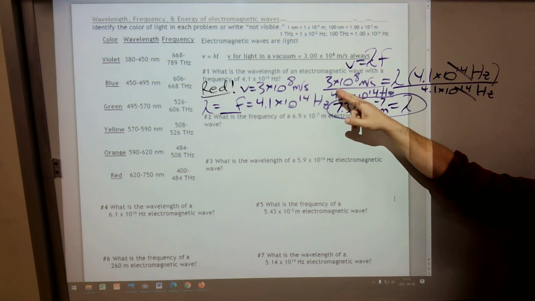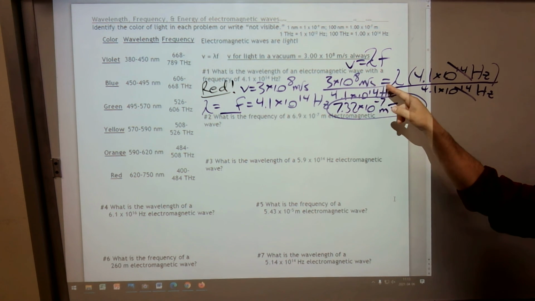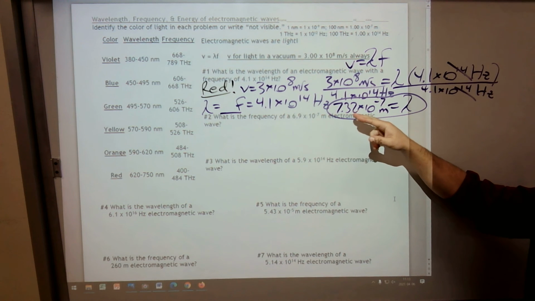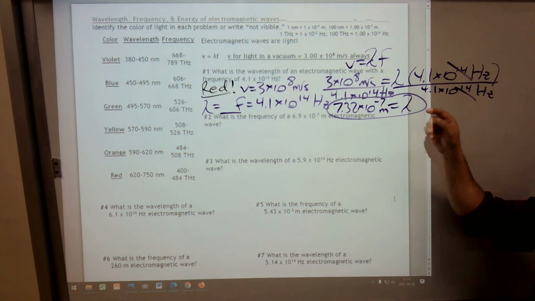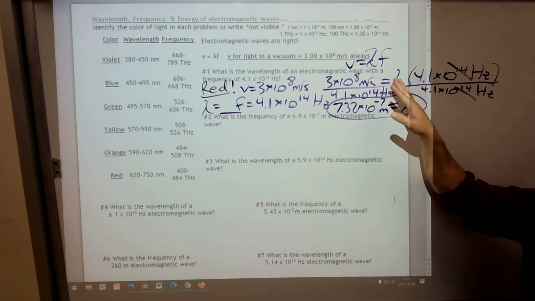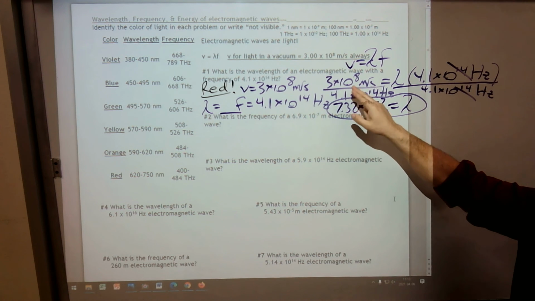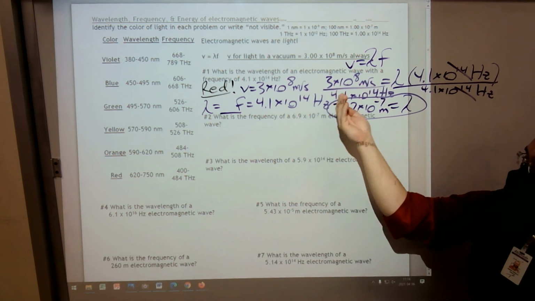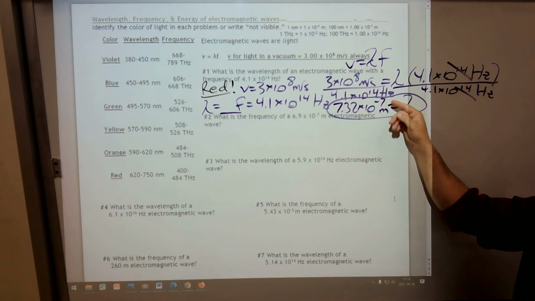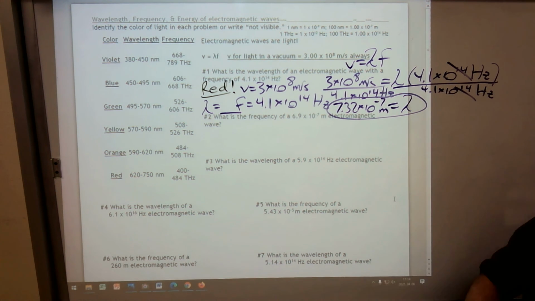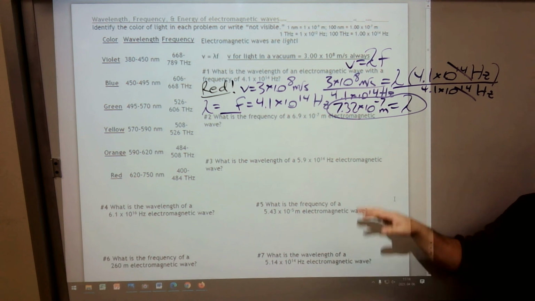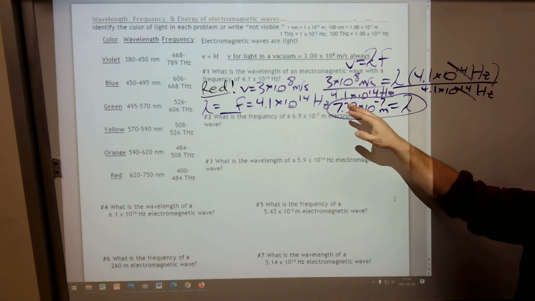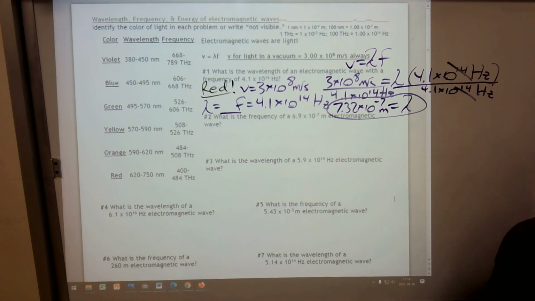Otherwise, your calculator will say 3 times 10 to the 8 equals the number, divided by 4.1 equals the number, times 10 to the 14, but that's not what you want. You want parentheses 3 times 10 to the 8, close parentheses, divided by parentheses 4.1 times 10 to the 14, close parentheses, and then enter. Otherwise, it'll say this divided by 4.1 is a number, and then times, and it'll mess you up.